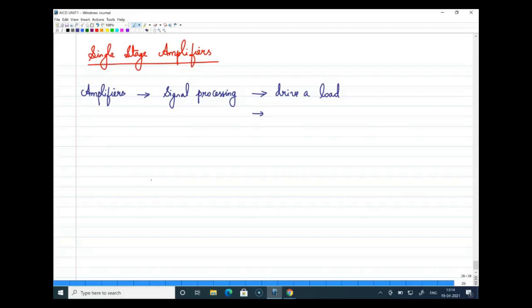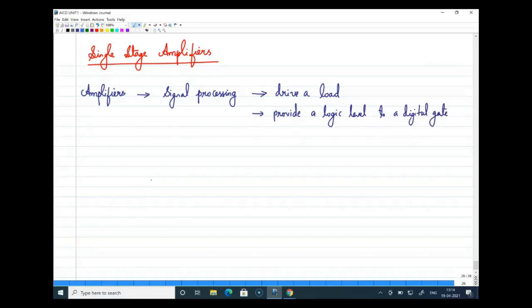In such a case we may need a pre-amplifier where you do some amplification. So amplifiers in general are used for processing a signal.